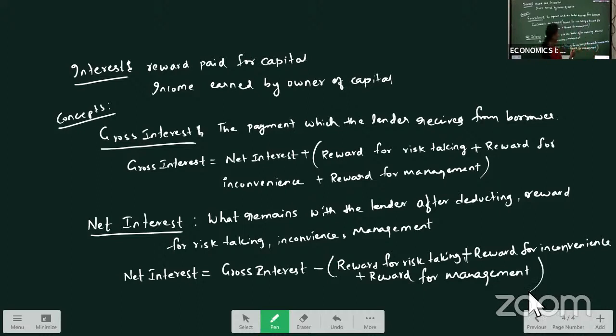So when you add all these and deduct from your gross interest, already you got gross interest. When you deduct all these from gross interest, we will get the net interest.